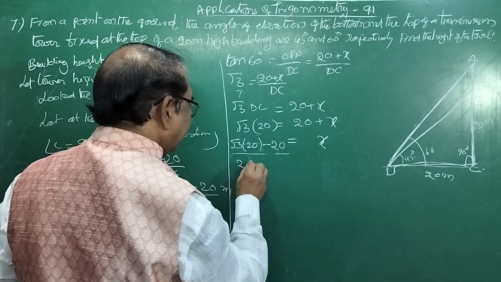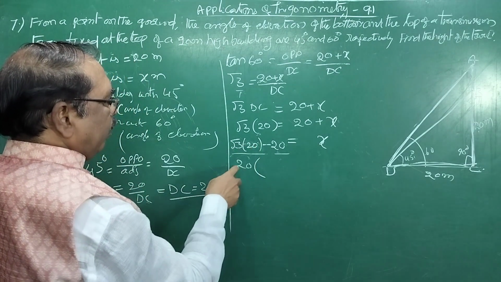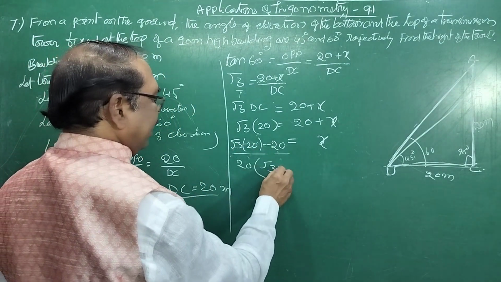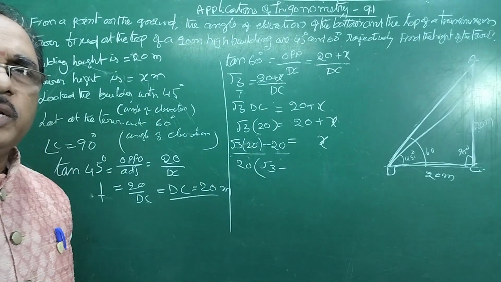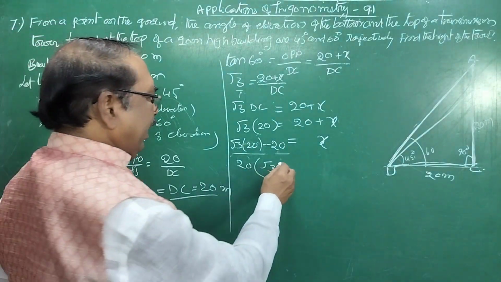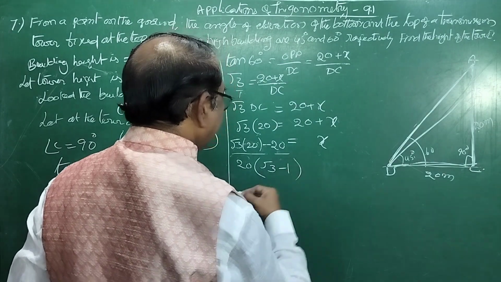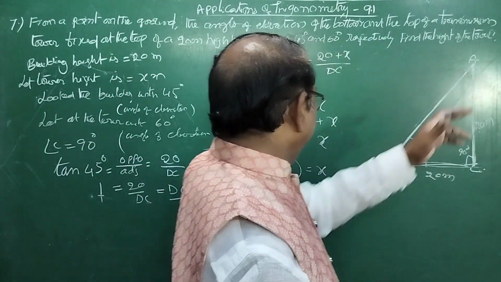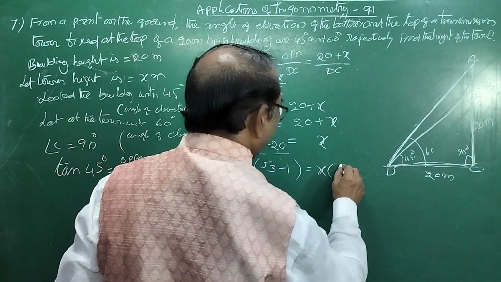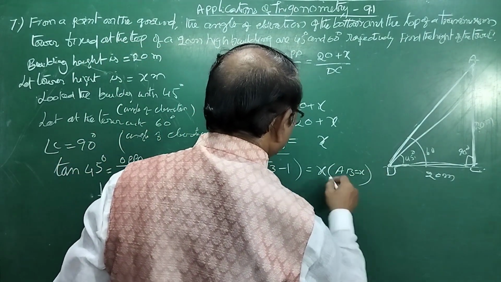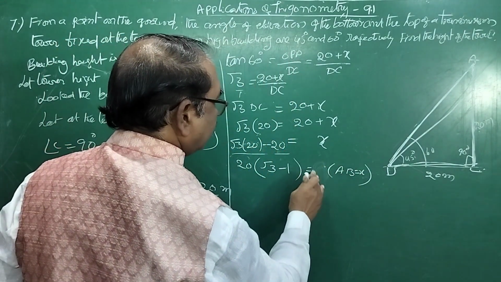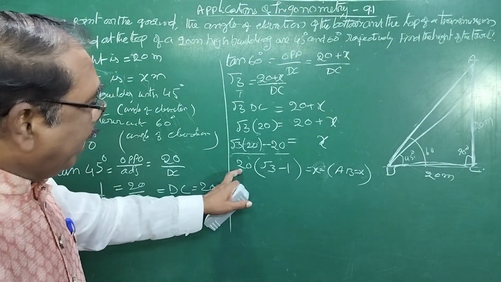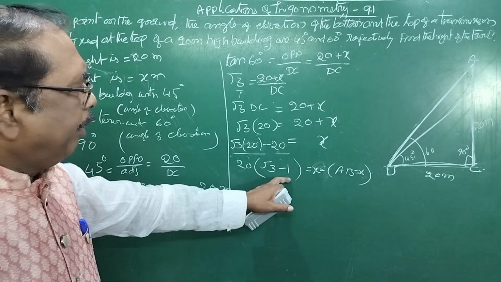Root 3 is left in the first, and minus 20 brought out leaves 1. So x, which is the height AB, is equal to 20 into root 3 minus 1.